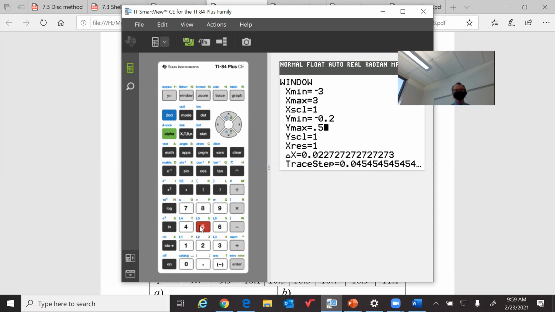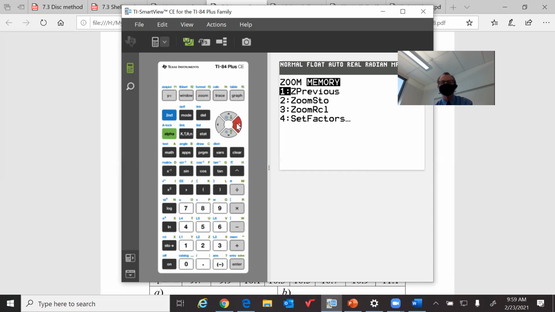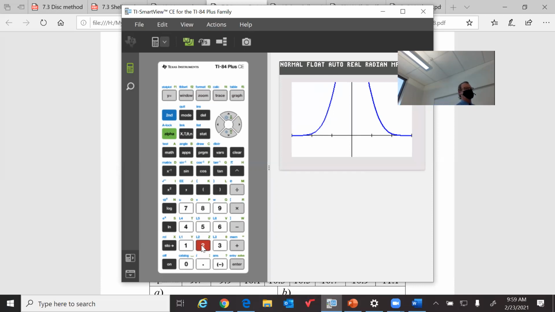What we want to do is go to Zoom, Memory 2, Storing, because your calculator will store one window. I don't know why it won't store more than one. It'll store one. So that'll stay there until you type over it. Well, that's not a very good window for this picture.